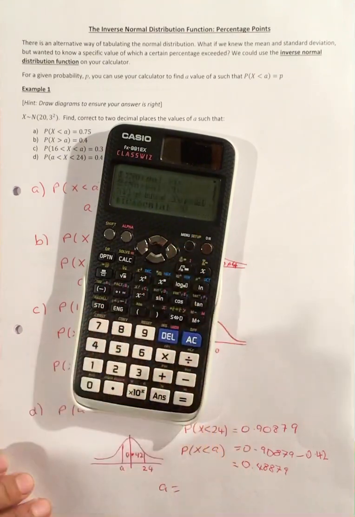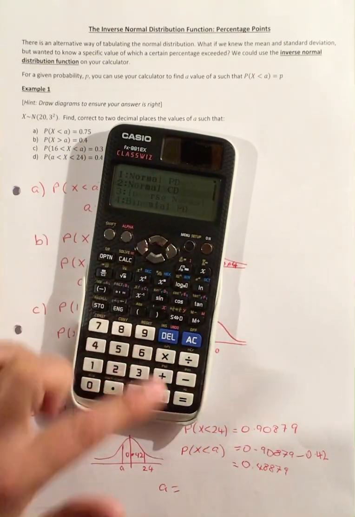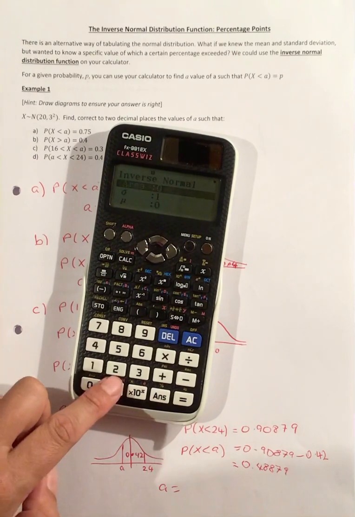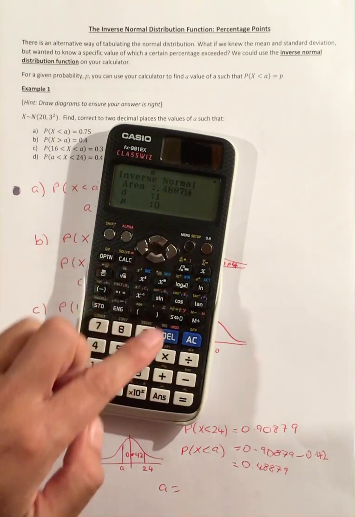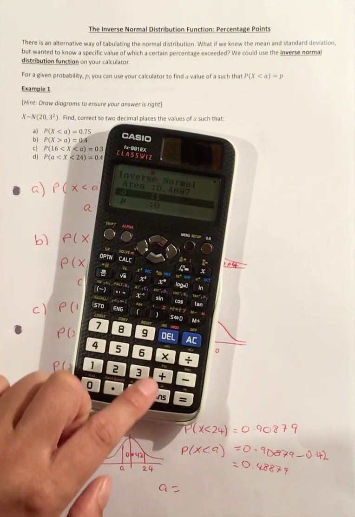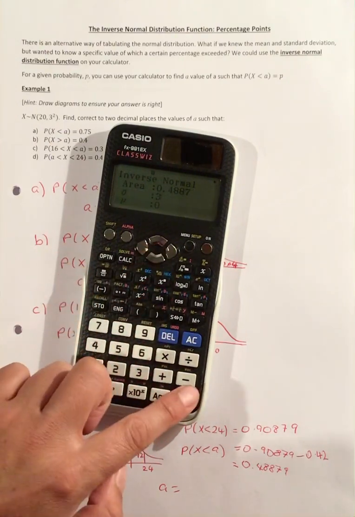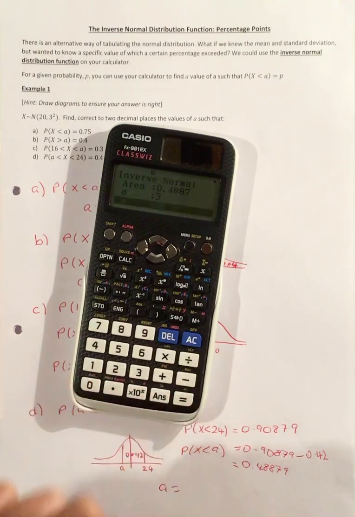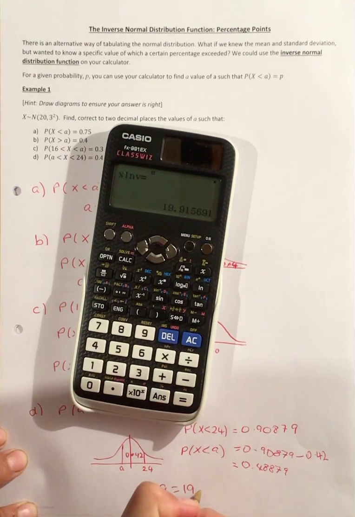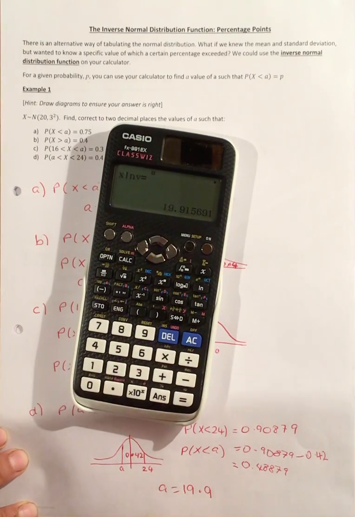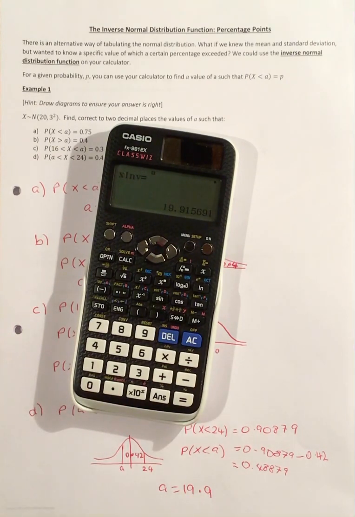So back into option 7 and the inverse normal. My area is 0.48879. My standard deviation is still 3 and my mean is still 20, and that gives me a value of A of 19.9 to 1 decimal place.